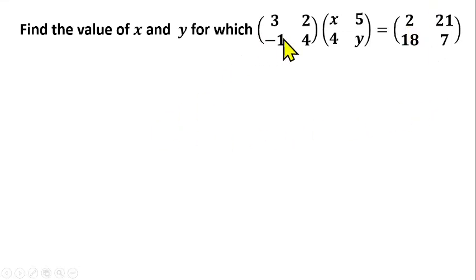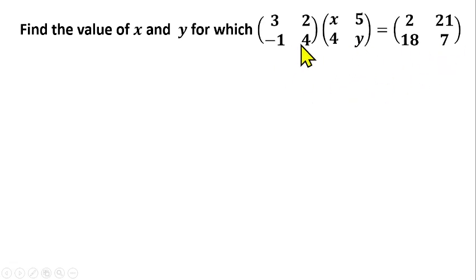We have to find the values of x and y. We have an equality sign here, but we cannot apply the equality of matrices until we have a single 2 by 2 matrix here and a single 2 by 2 matrix here. That's why you cannot compare both sides.